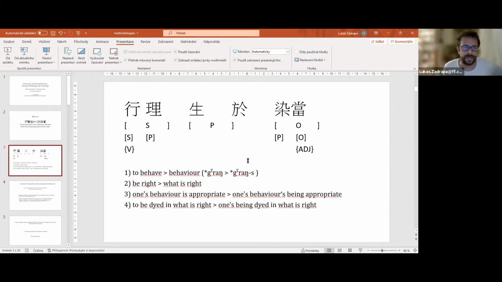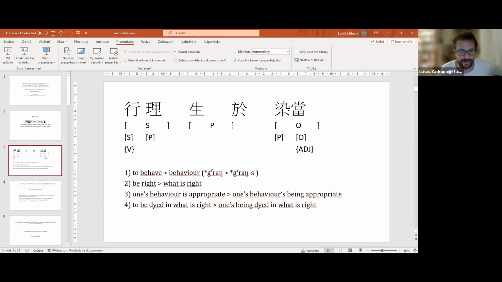First of all, we have this subject Xing Li, and the predicate, this verb with the preposition Yu, and its object Randang, where at this highest level one can presume that there is some kind of light nominalization, because this is subject and predicate.